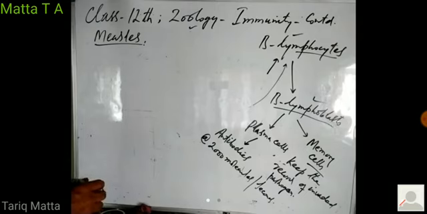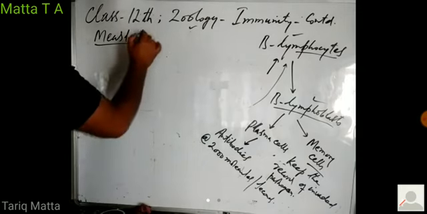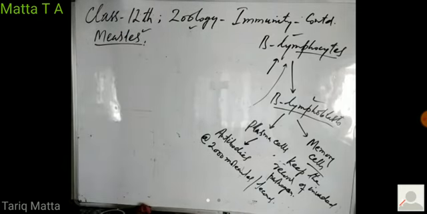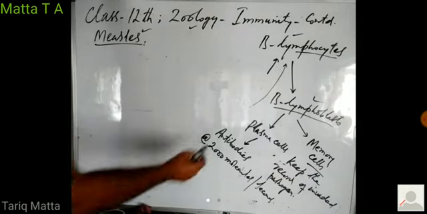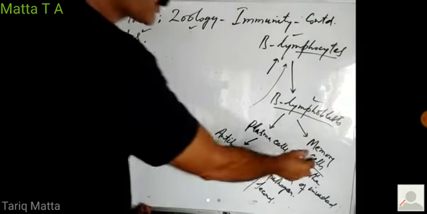So once a person develops measles, he is not likely to develop it again in his lifetime. Why? Because once the virus enters our body, it is detected, antibodies are produced against the virus, and memory cells are produced.